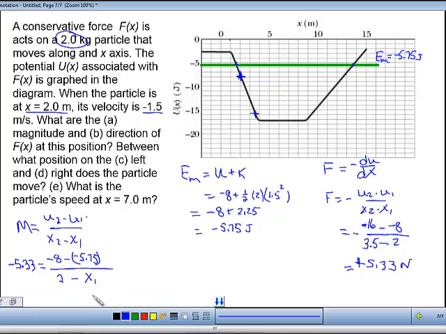Now it's just a matter of doing the algebra, and I will also leave that up to you. I think you'll find it's somewhere between 1 and 2.